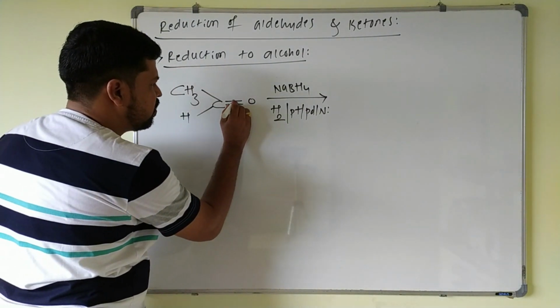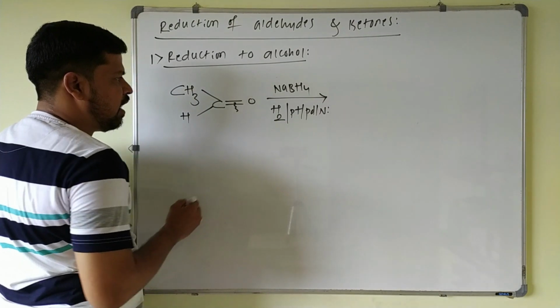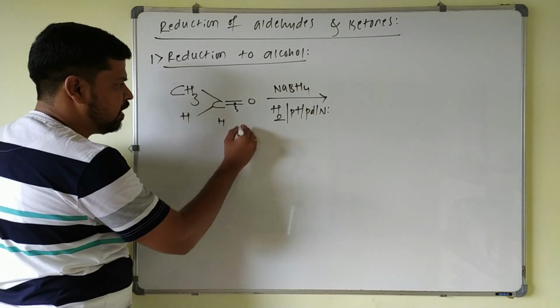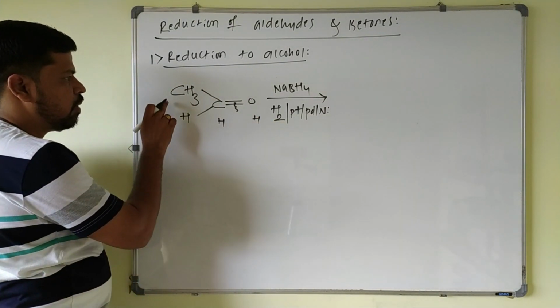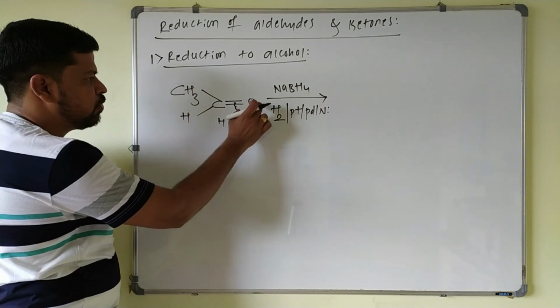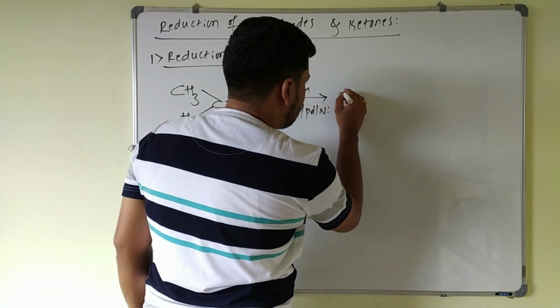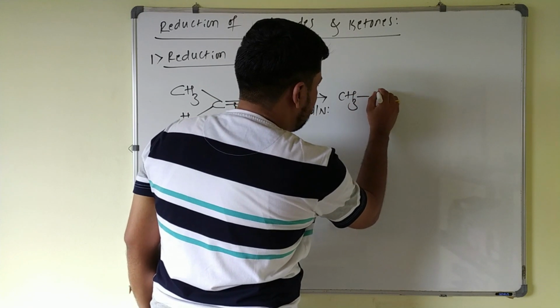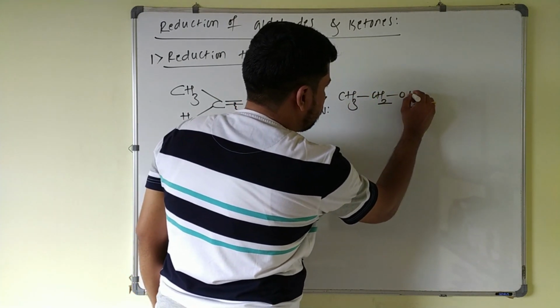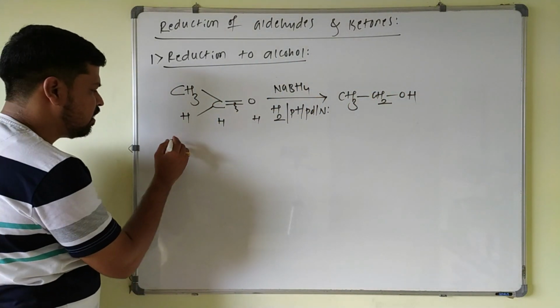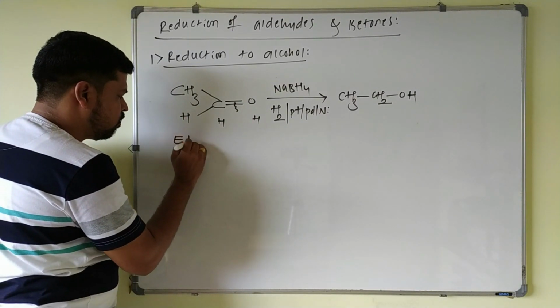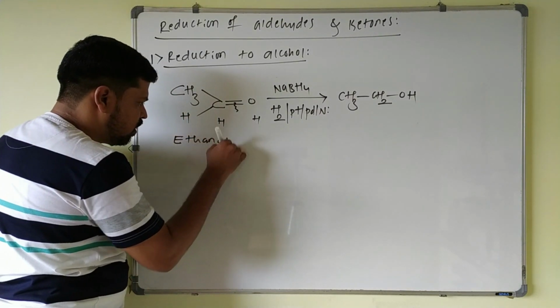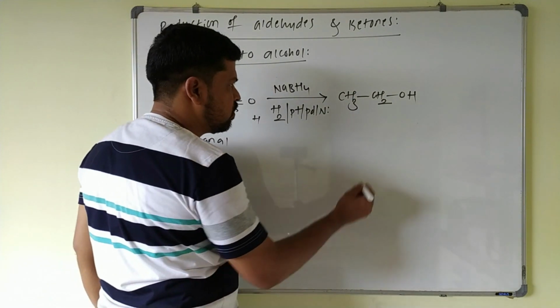Just hydrogen is added across the double bond of carbon and oxygen, you add one hydrogen here, one hydrogen here, this becomes CH3 CH2 OH. So what is this? Ethanol. Acetaldehyde upon reduction gives ethanol.